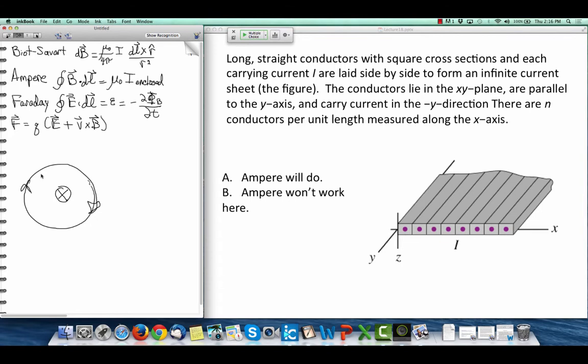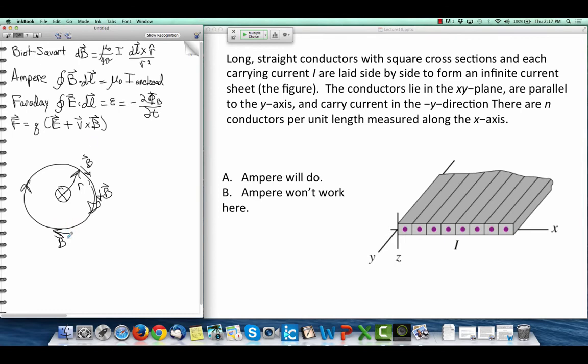It says, well, if you're at radius r away, then B dot dl. B is a bunch of magnetic field vectors pointing like that around the wire.